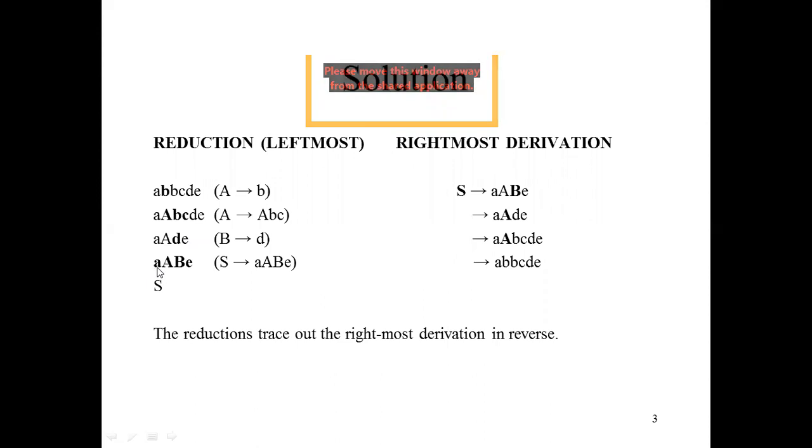Now you are getting small a, capital B, small e. And what is this? This is capital S.